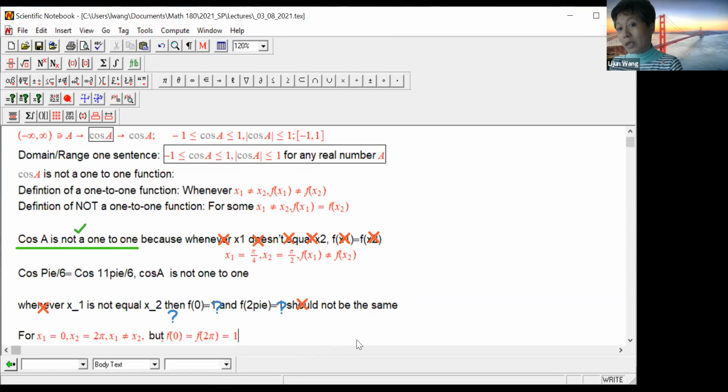So one thing is you understand it, and the other thing is you have to be able to verbalize it, and with a strong logical conviction. You have to convince the reader that whatever you said is true.